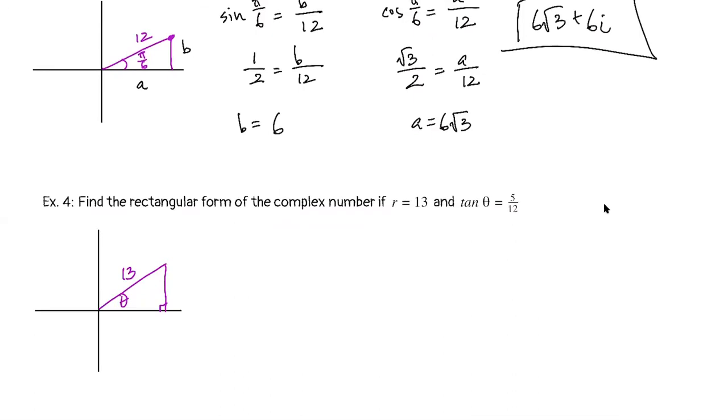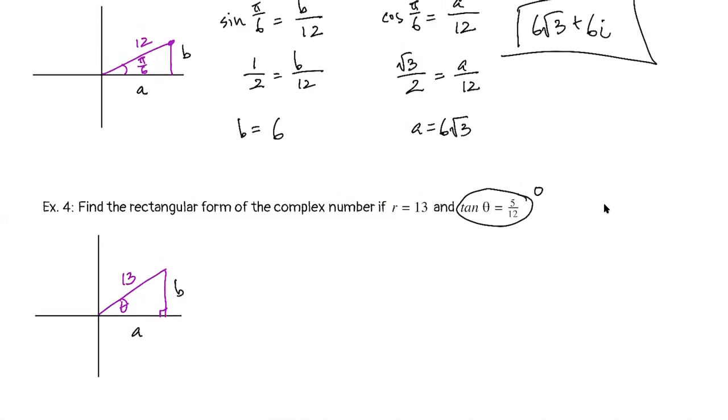All right, how do we find our a and our b in this case? b is 5, a is 12 because of tan 5/12. Love that. Okay, so tangent gives us opposite over adjacent.